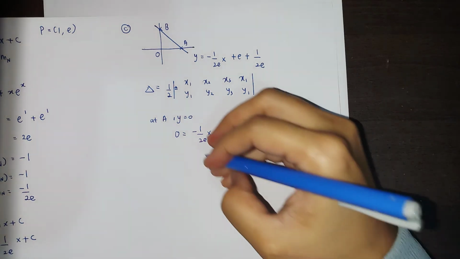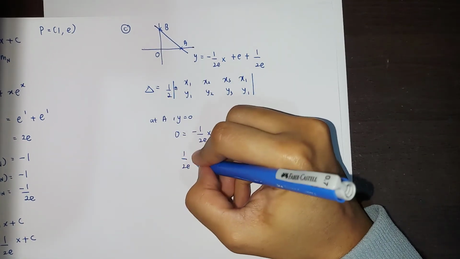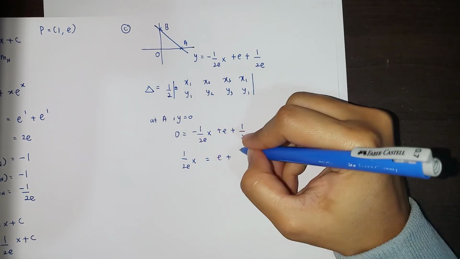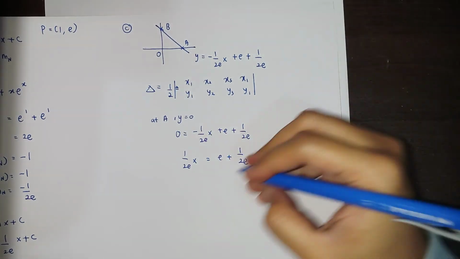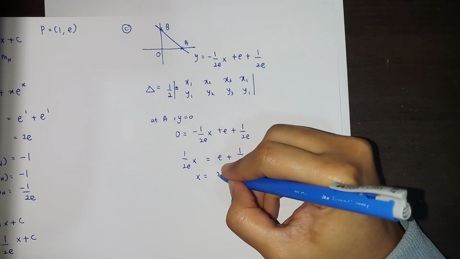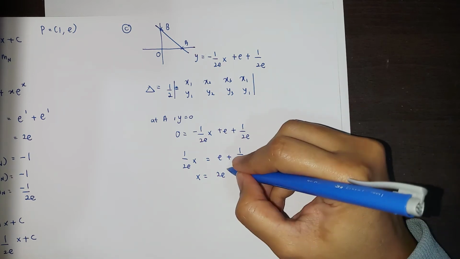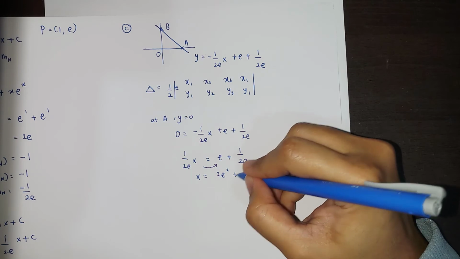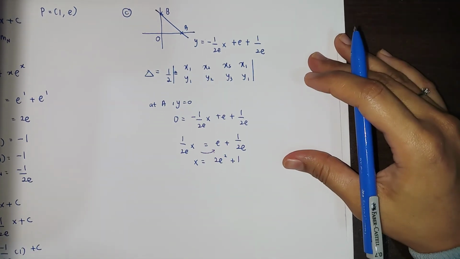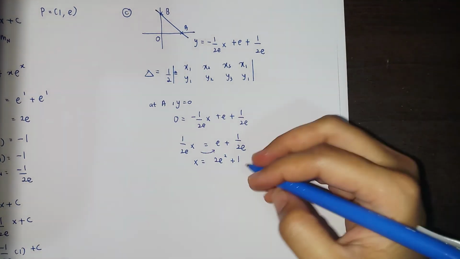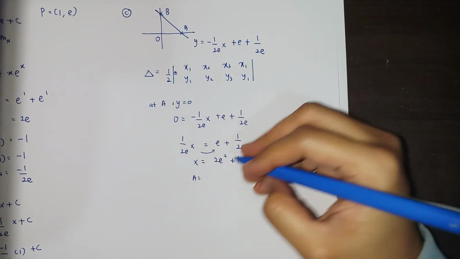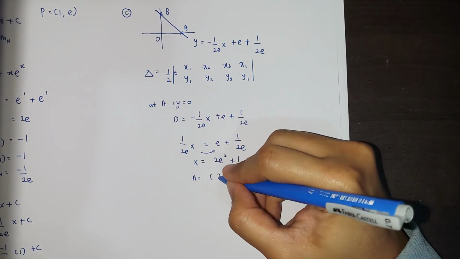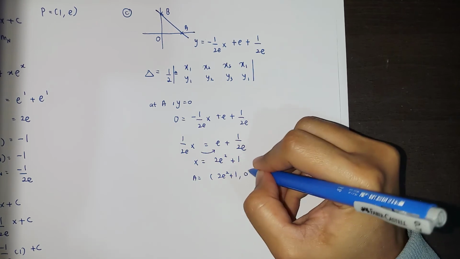So 1 over 2e x equals e plus 1 over 2e. So your x equals 2e squared plus 1. So now your A is 2e squared plus 1 comma 0.